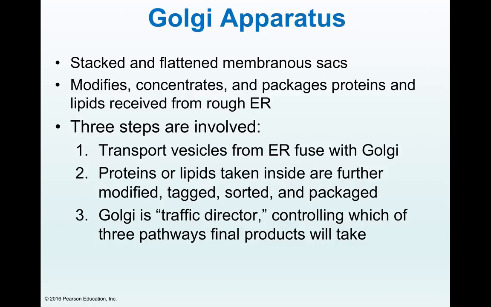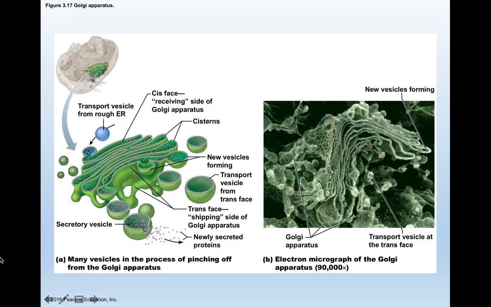Your Golgi apparatus then sends that package as a separate vesicle to any place that protein or lipid is required. Here's a picture of the Golgi apparatus and the process I'm describing. This is a vesicle coming from your endoplasmic reticulum. You see it being merged with your Golgi apparatus. It goes through the Golgi apparatus and eventually comes off as individual vesicles you see right here.